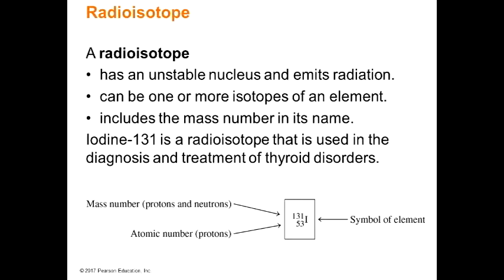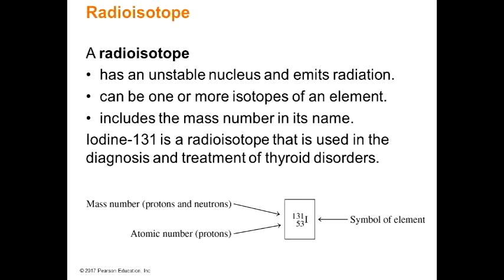Now, because we're talking about nuclear chemistry, I should say you can identify any element by its atomic number, okay? And that atomic number is equivalent to the number of protons. Properly spoken, that's how it should be.